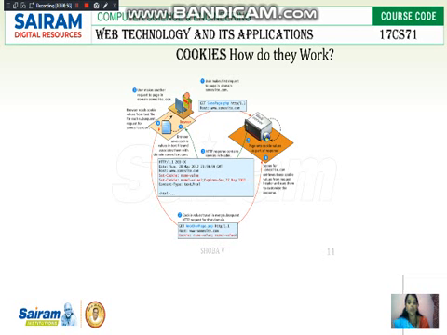Afterwards, the user makes another request to a page in the domain. The browser reads the cookie value from the text file, and for each subsequent request the cookie values travel with every request for that particular domain. At last, the server retrieves the cookie value from the request header and uses it to customize the response.